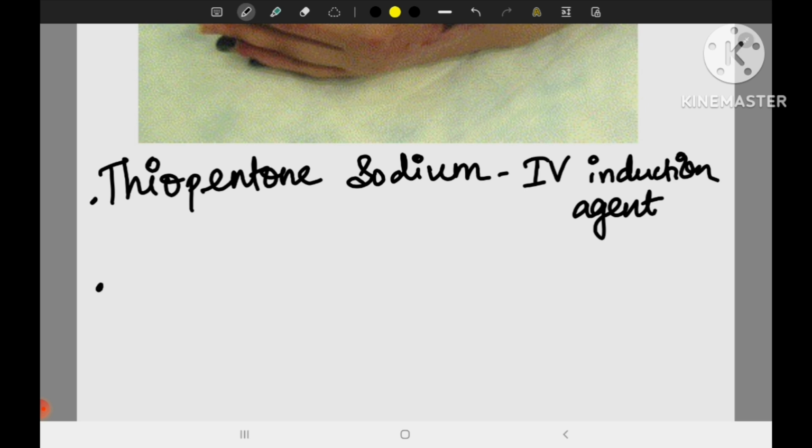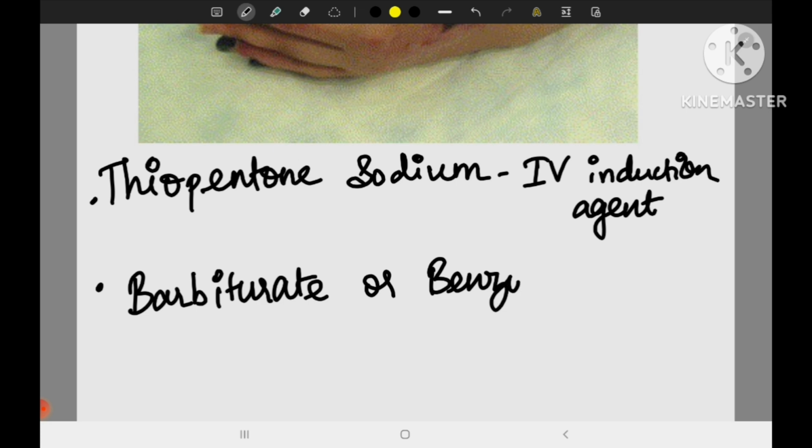The common confusion we get is whether it is a barbiturate or a benzodiazepine. This is a common doubt we have. Always remember that thiopentone sodium is a barbiturate and not a benzodiazepine.